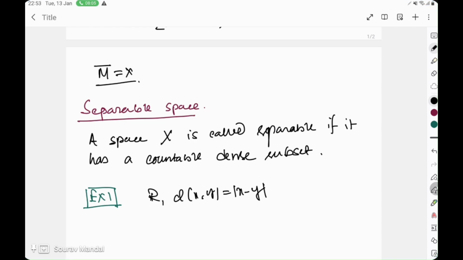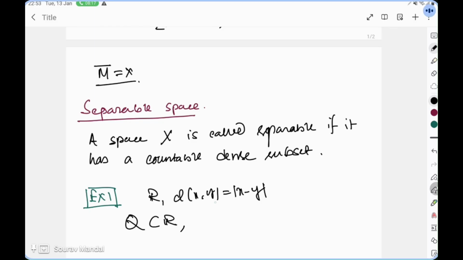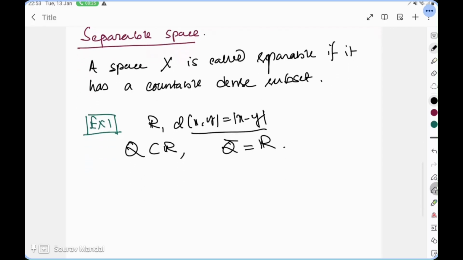Does it have a countable dense subset? Obviously, it is a separable metric space as Q is countable. Q is a subset of R, and with respect to this metric, Q closure is R. So R with this usual metric d is a separable metric space.